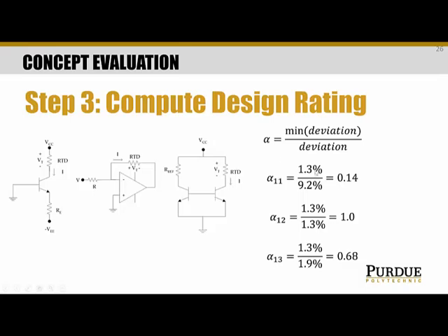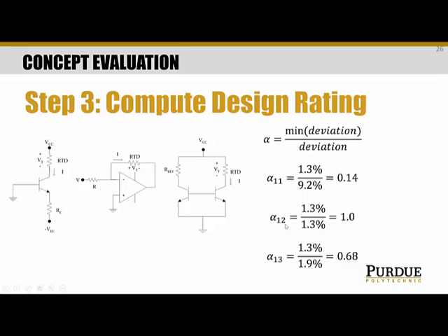So the result then assigns a score of 1 to the lowest deviation option. You see the minimum deviation of these 3 circuits, as was determined via a simulation of the output voltage, was 1.3. So this circuit, circuit 2, was the most accurate, and therefore it gets a rating of 1.